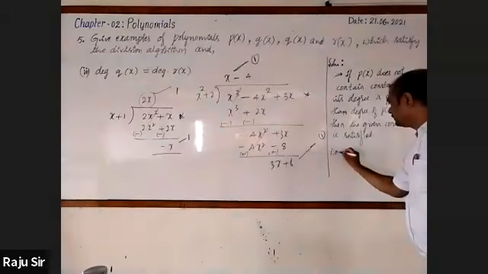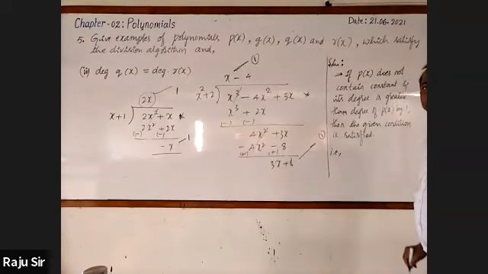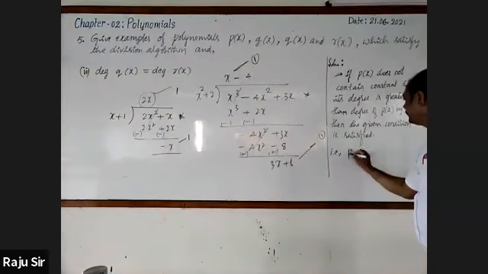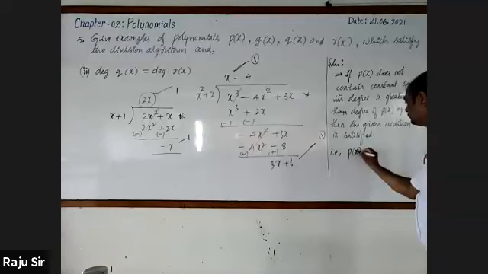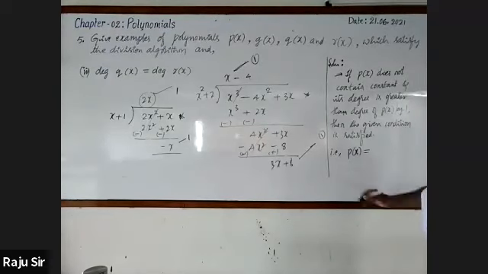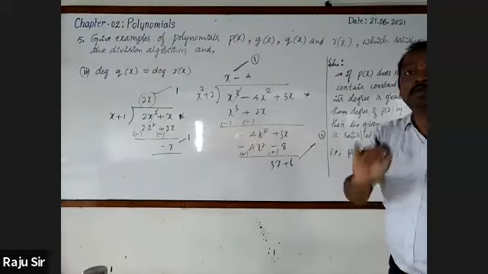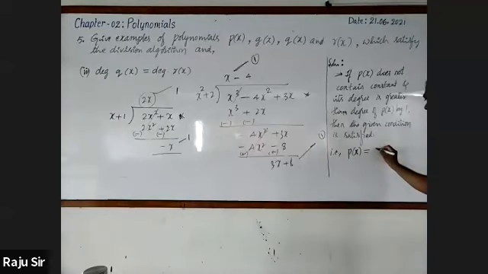That is, p of x is a polynomial having no constant other than constant.